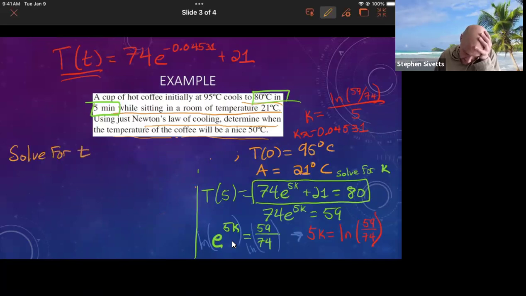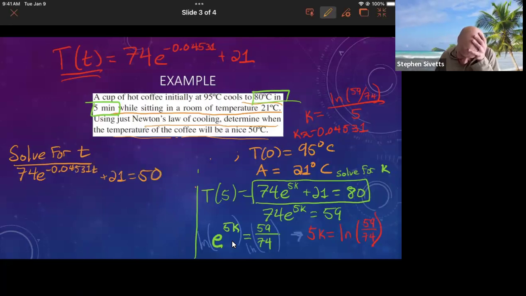So we have 74 times e to the minus 0.04531 t plus 21 equals 50.